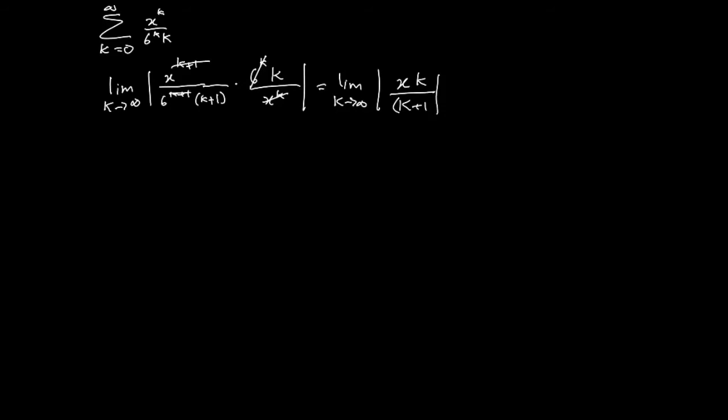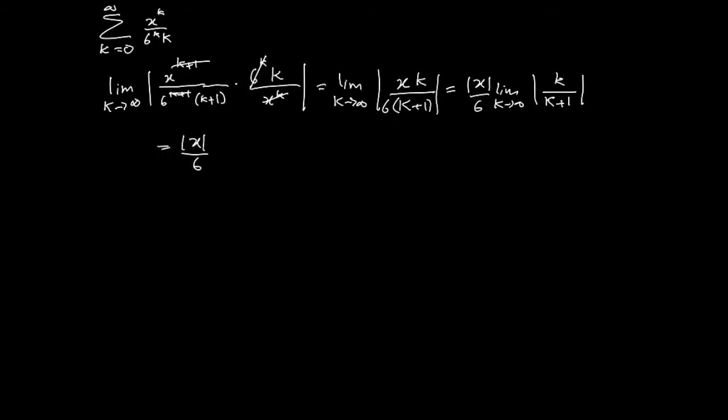And don't forget the 6. Then I can separate out the x and the 6 because no k is involved in that. And so I'm left with just calculating this limit, and of course that goes to 1. So therefore, this is equal to the absolute value of x over 6.